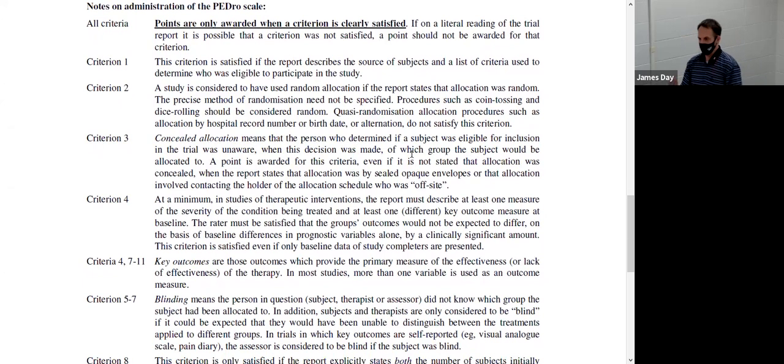So what this means is, if I am enrolling Nick into this study, when I'm questioning him and doing the inclusion criteria and exclusion criteria and trying to decide whether or not he fits the criteria for this, I do not know what group he will be in.